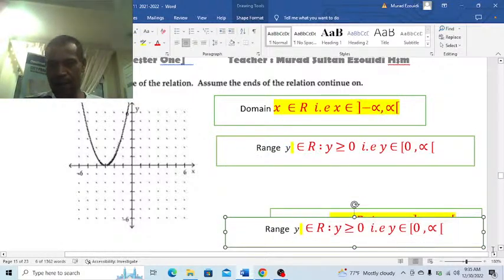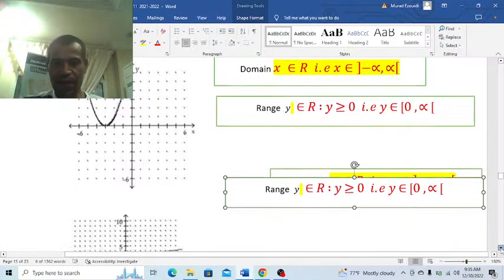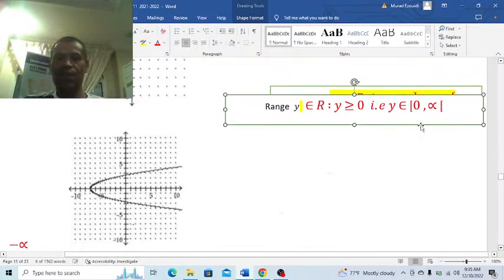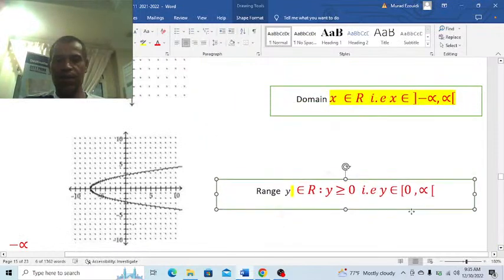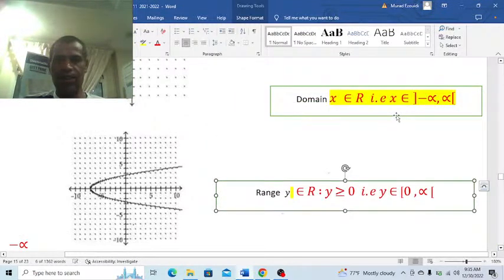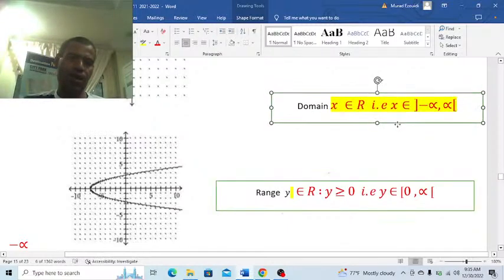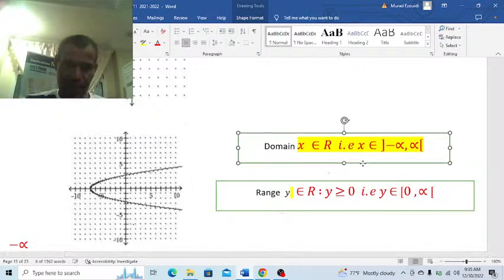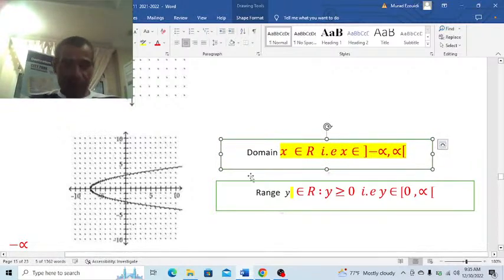I will change something. The next function, then the curve of the next function, is x equal to y plus 7 plus 6. Therefore, the domain in fact is what?